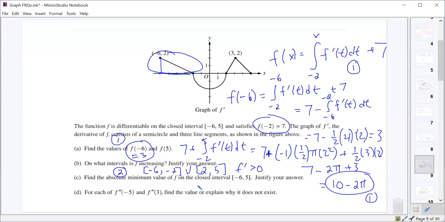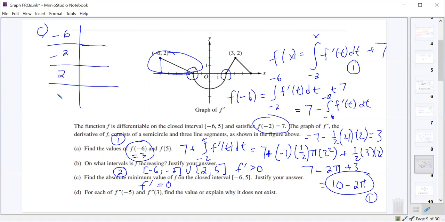Critical values are when f prime equals 0. f prime equals 0 at -2, and f prime equals 0 at 2. Everybody agree with that? Okay. So for part C we need to check the values at -6, -2, 2, and 5, to see which one is the absolute minimum.